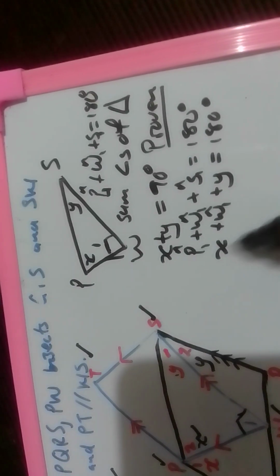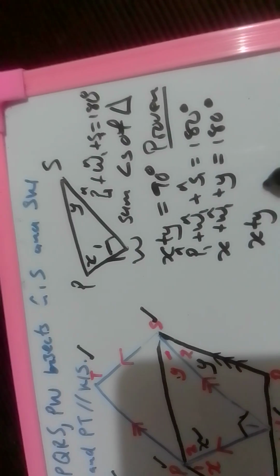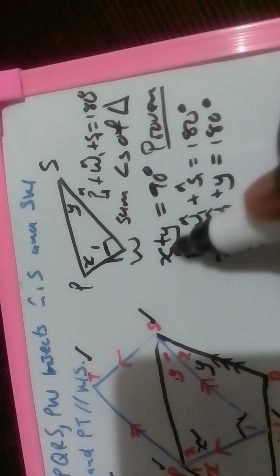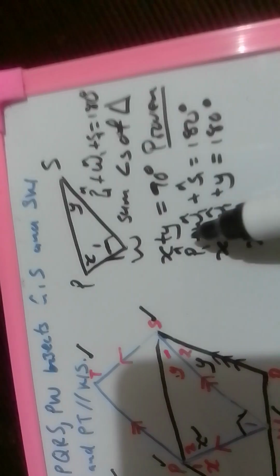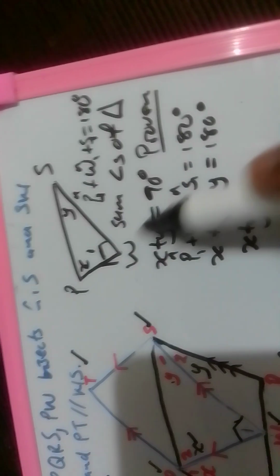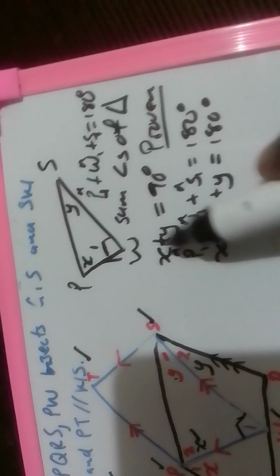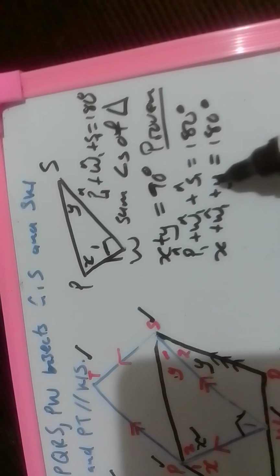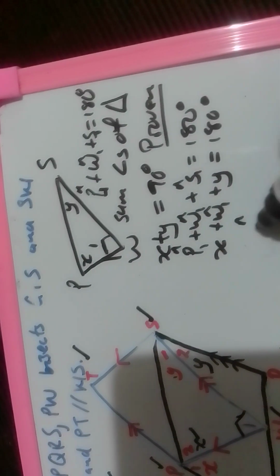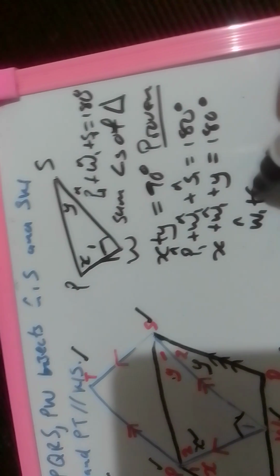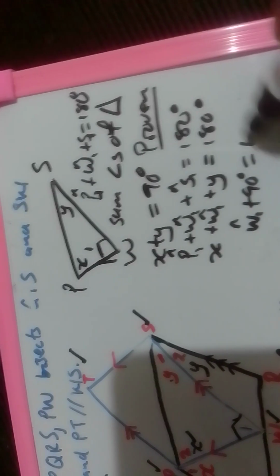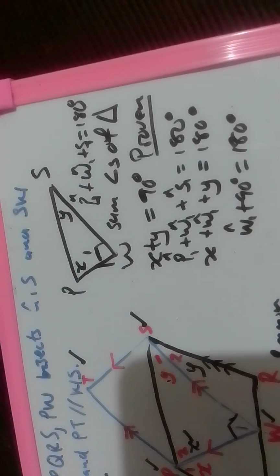But now I'm saying this x plus y is equal to 90 degrees. So instead of keeping on putting this x plus y, because it becomes 3 variables, I now substitute. Where there is x plus y, I now put 90 degrees. So in other words, now I've got angle W1 plus 90 degrees is equal to 180 degrees.